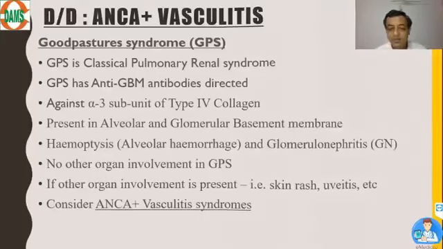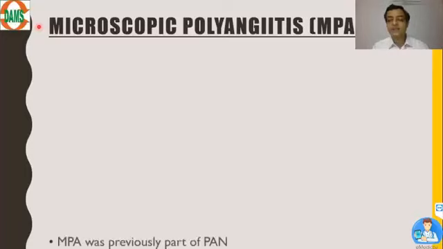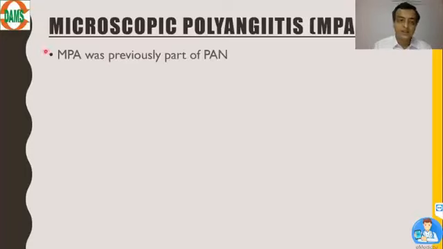So let us finish microscopic polyangiitis first. Come on, faster, we are writing point to point. Microscopic polyangiitis, MPA, was previously part of PAN.